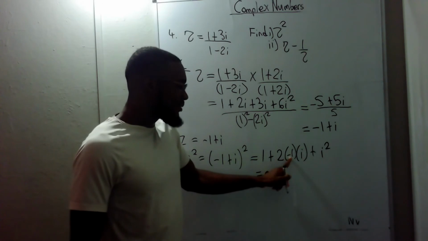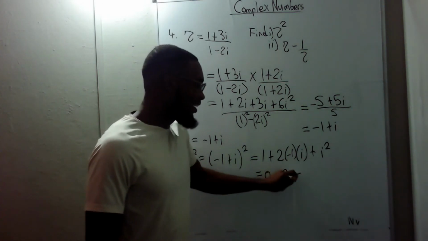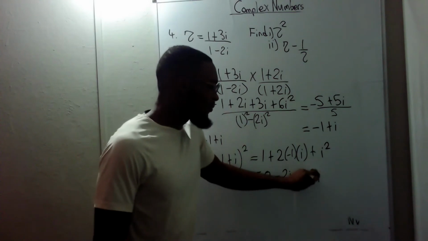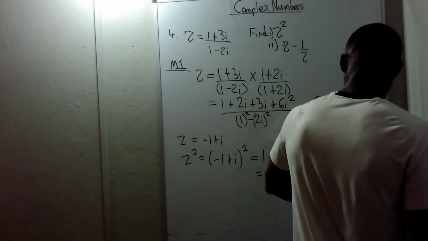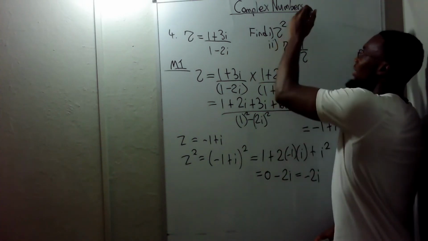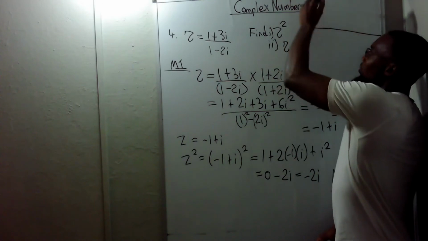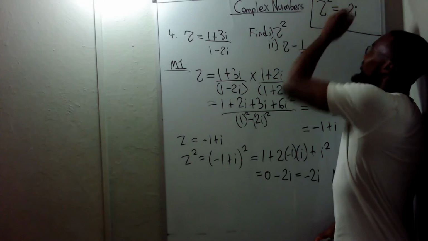Then we have 2 times -1 times i. That's just -2i. So this works out to be -2i. That's z squared. So the first part that wanted z squared, just to put the answer up here, z squared worked out to be -2i.